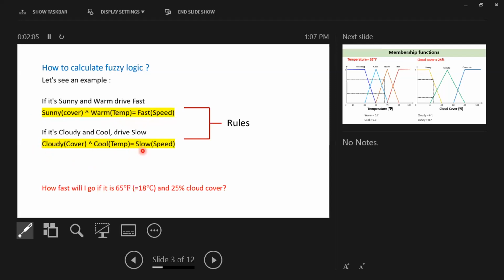But if the weather is somewhere in between 0% and 100%, then what should be the speed of the car? There, with the help of membership function, we can get an answer. Let's create a question. If the temperature is 65 degrees Fahrenheit and cloud cover is 25%, how fast should I drive?